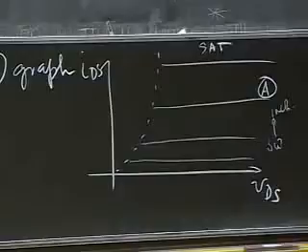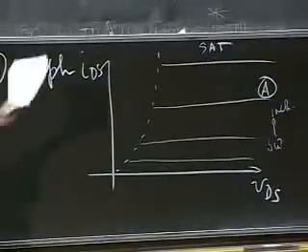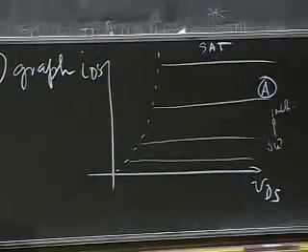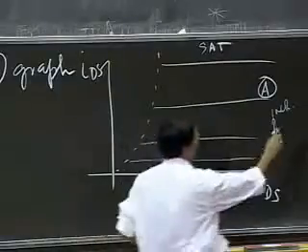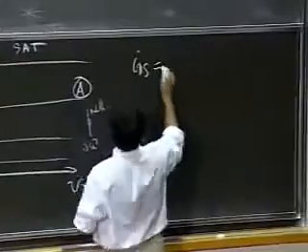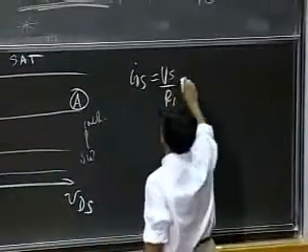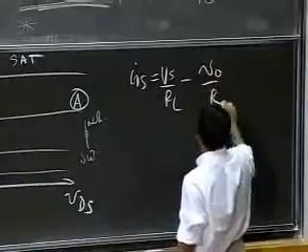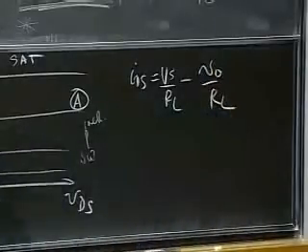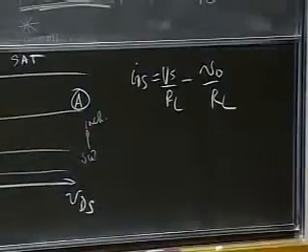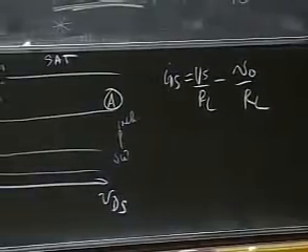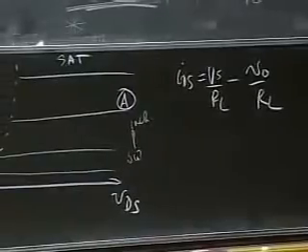Then I superimpose on top of that the expression that comes from equation B, which is IDS equals Vs divided by RL minus V naught divided by RL. That is a straight line relationship between IDS and V naught.